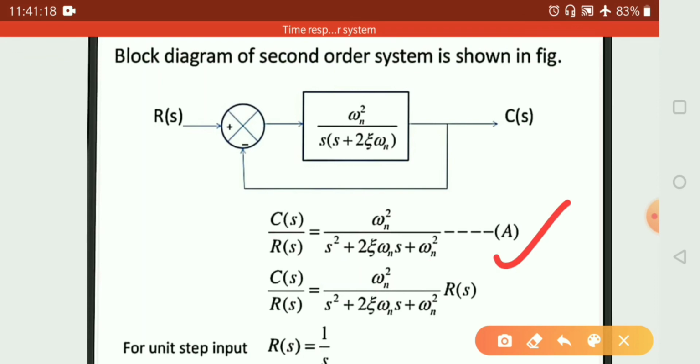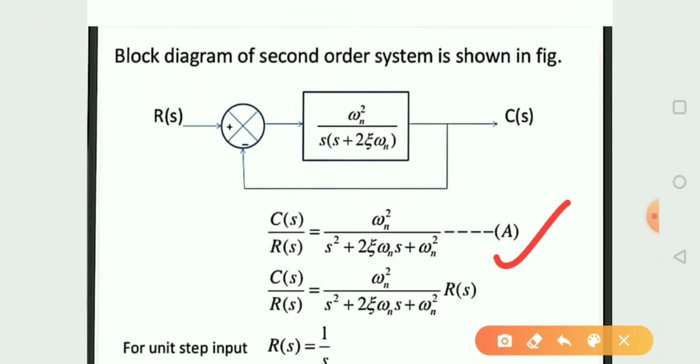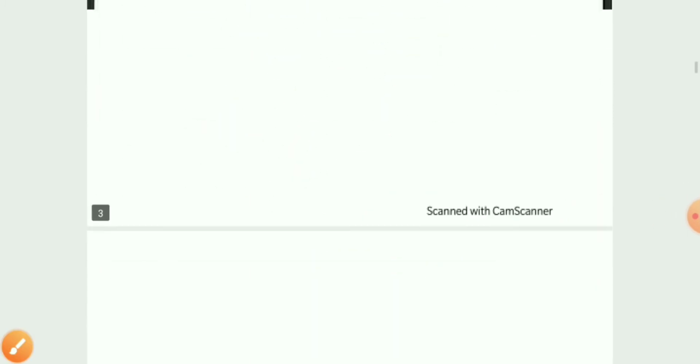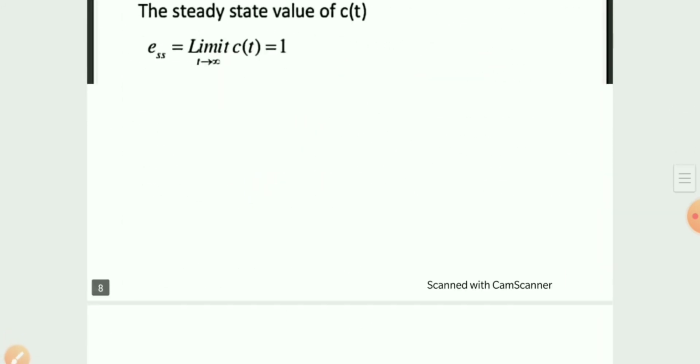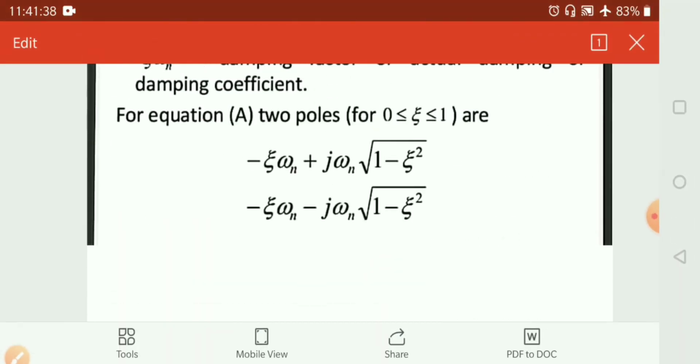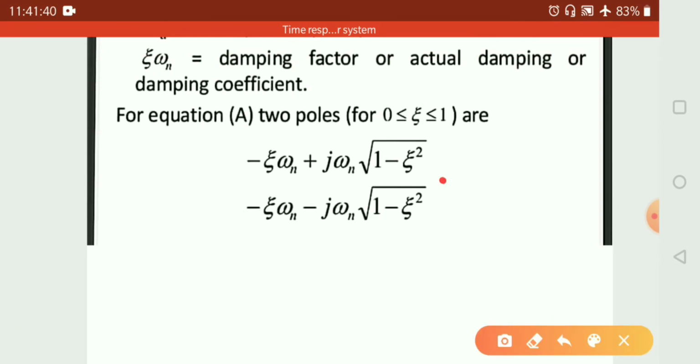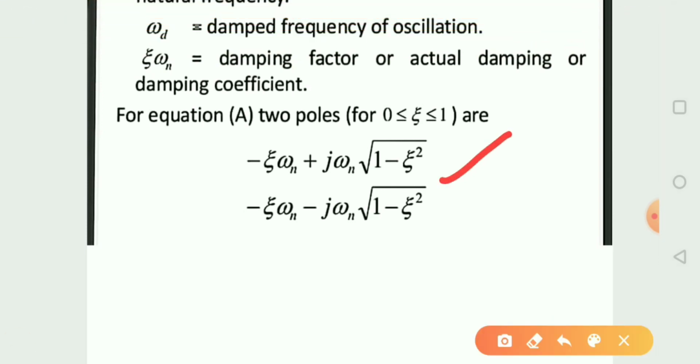This is equation number A. Now if we take the denominator, the characteristic equation, equal to 0, and find the factors, we get minus zeta omega n plus j omega n under root of 1 minus zeta square, and minus zeta omega n minus j omega n under root of 1 minus zeta square.